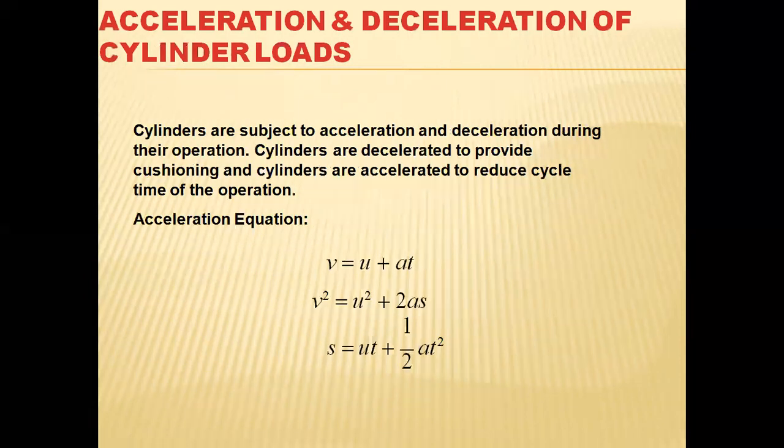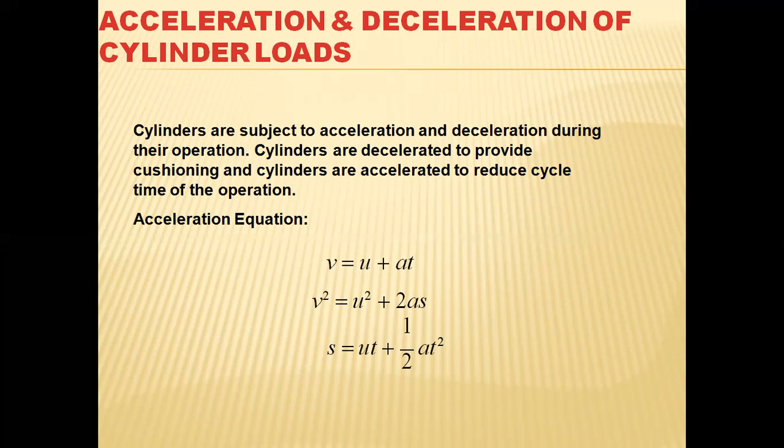Coming to the acceleration and deceleration of the cylindrical loads, we will be calculating based upon the cylinders which are decelerated, and even the cushioning cylinders which are accelerated to reduce the cycle time of the operation, by utilizing the following equations: distance and velocity calculations.